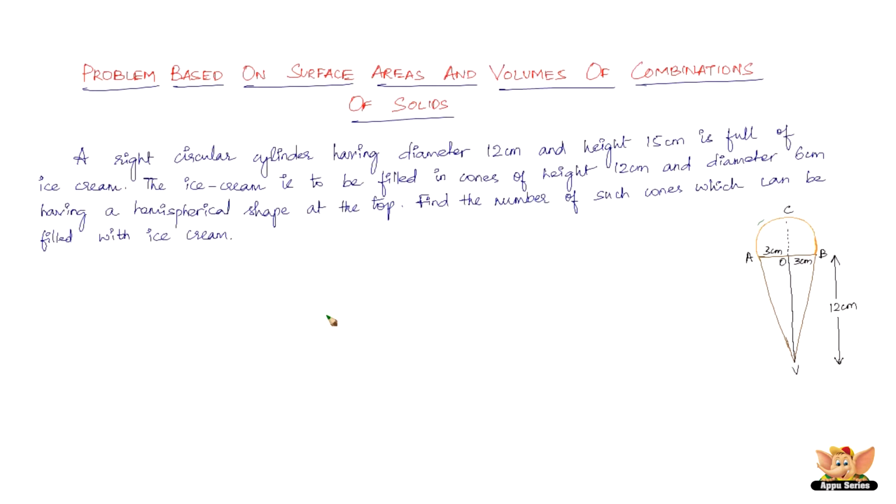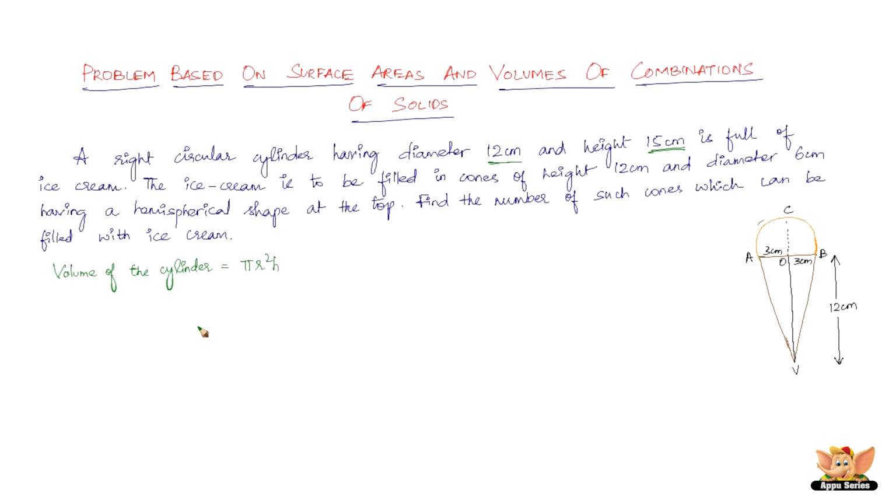Well, that's the way we are going to solve the problem. Now let us do that. The radius of the cylinder is 6 centimeters, because the diameter is 12 centimeters, right? The height of the cylinder is 15 centimeters. First of all, let us find the volume of the cylinder. The volume of the cylinder is pi r square h.